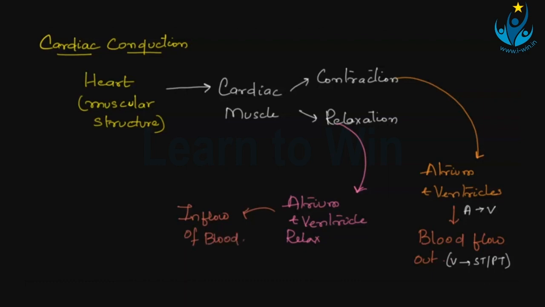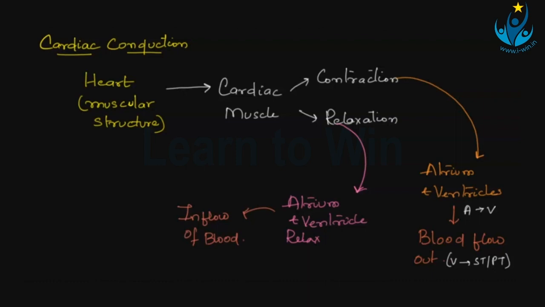Okay, so when the heart muscle is contracting, that means the ventricles and atrium are contracting, when they're squeezing themselves. Take a balloon filled with water, squeeze it. When you squeeze the balloon, what happens? The water flows out. So when the atrium squeezes out, the blood will flow from atrium to ventricles.